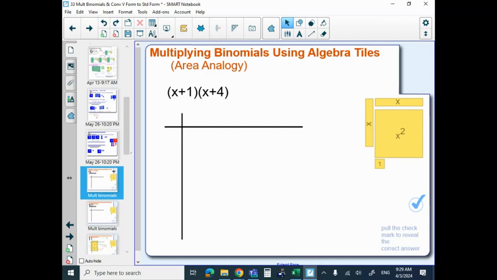And so we're going to use the fact that area is a concept as part of this to do this. And so we're going to look at this right here as x as a dimension, right? So we're thinking of this as an area equals a length times a width. And so we're going to make the length and the width be x plus 1. So an x and a 1.